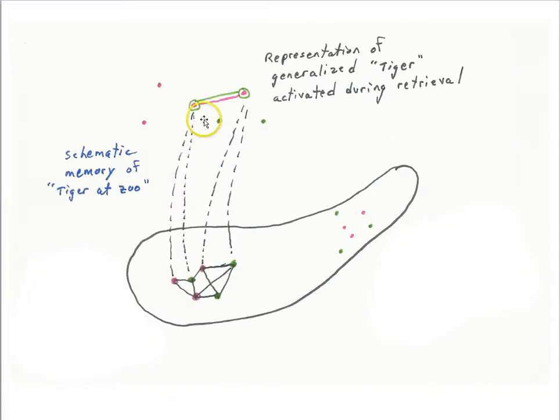And so if we ask the person at a later time, think about a tiger at a zoo, the idea is that it's the common pattern of activation, Tiger 1 and Tiger 2, that gets reactivated during retrieval. And this would be a semanticized memory of a tiger at the zoo. We can think of this as the concept of a tiger. It has lost its specific episodic details. It's rather just information about a tiger at a zoo.